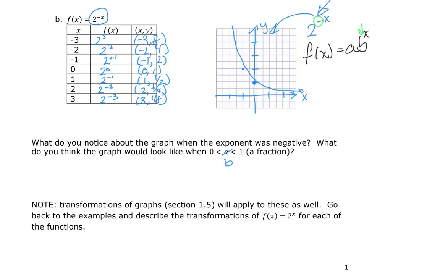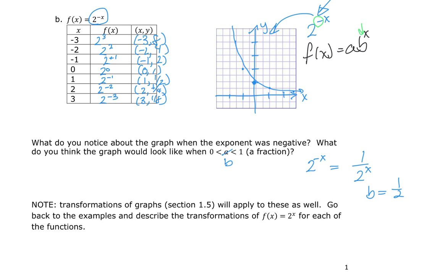Well, 2 raised to the negative x is the same thing as 1 over 2 to the x. So this really tells me that my b is 1/2. I can think about that as being b to 1/2. So it's telling me that when my base is a fraction between 0 and 1, as in this example, it's going to be decreasing from left to right.